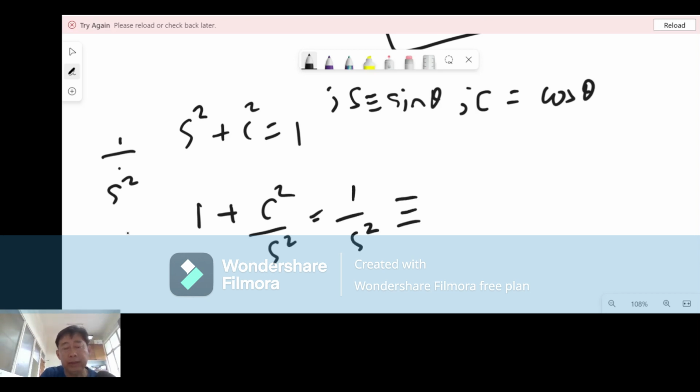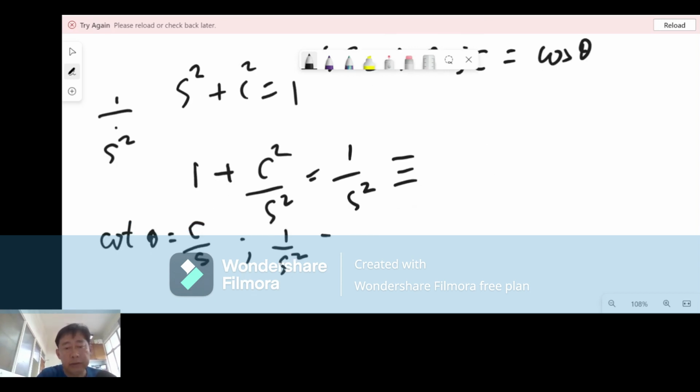And you translate this set of equations into the definitions: for example, cotangent theta is the ratio of cos divided by sine, and then 1 over sine square by definition is cosecant square theta. Okay, so this term cos square over sine square is then just the cotangent square theta.